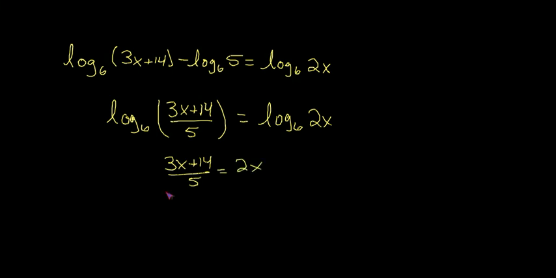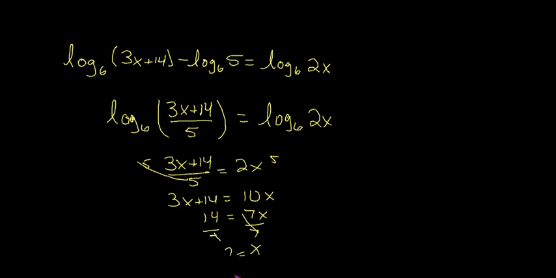I can multiply both sides by 5, and that's going to cancel this. We're going to be left with 3x plus 14 equals 10x. And then I can subtract the 3x over to the right side, and I get 7x equals 14. Divide both sides by 7, and I'm going to get x equals 2.